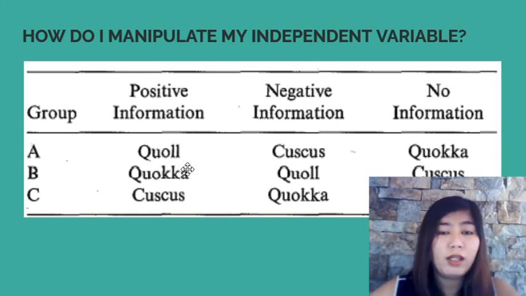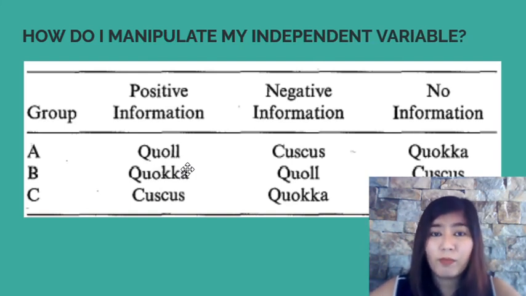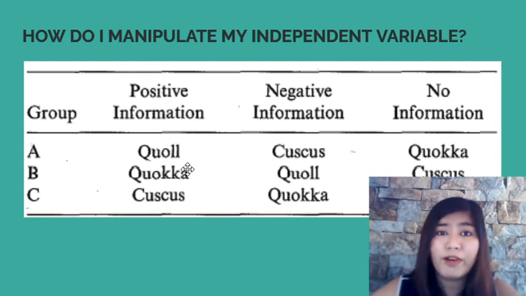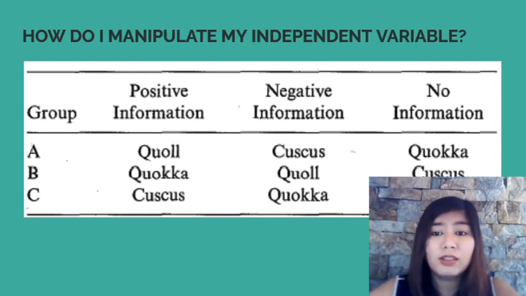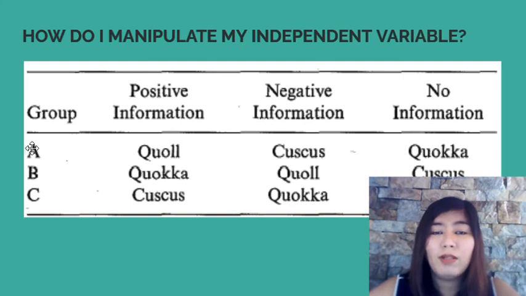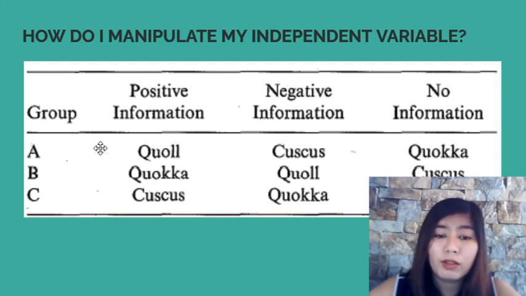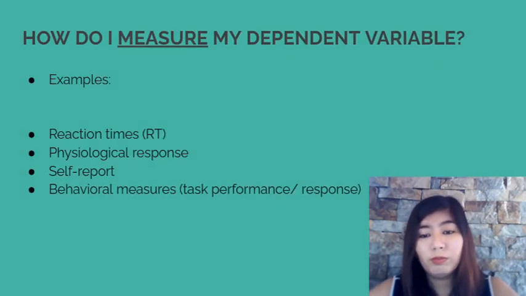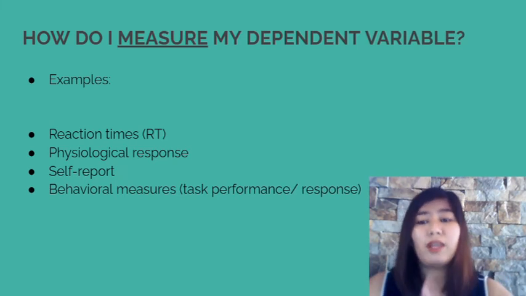The purpose is that if there is a systematic error derived from the order of these different trials, we are able to control it by scattering them equally along each case. So there will be participants who are presented with the experimental conditions in this manner, or this manner, or this manner. Moving forward, how do you measure your dependent variable?